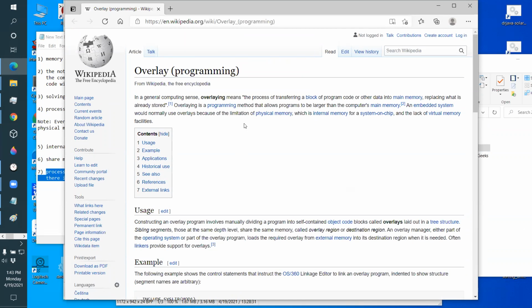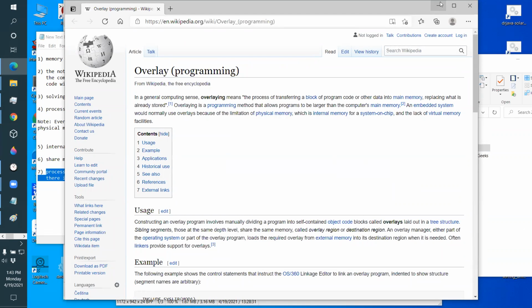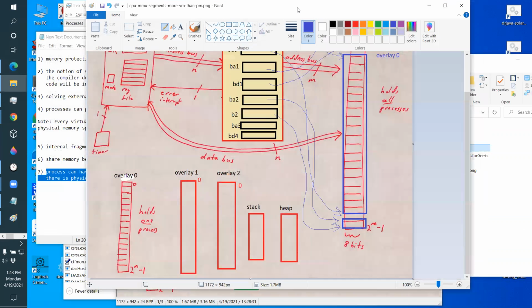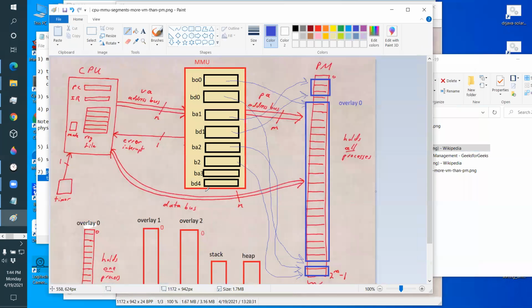Because of the limitation of physical memory, the idea was that you wanted to somehow get past how much physical memory there was. But you needed these multiple base and bounds registers.